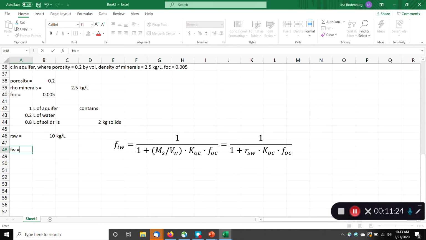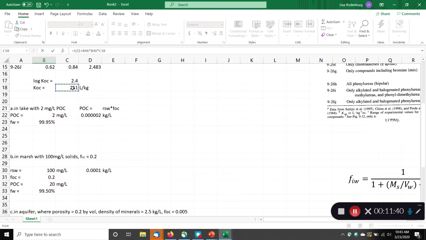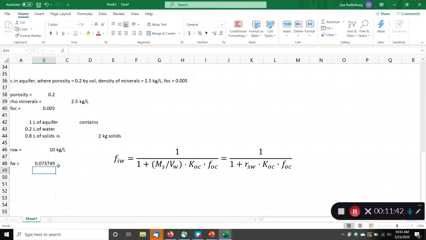FW is equal to 1 divided by 1 plus ratio of solids to water times FOC times our KOC value. And now, lo and behold, only 7% of our chemical is now dissolved in water.